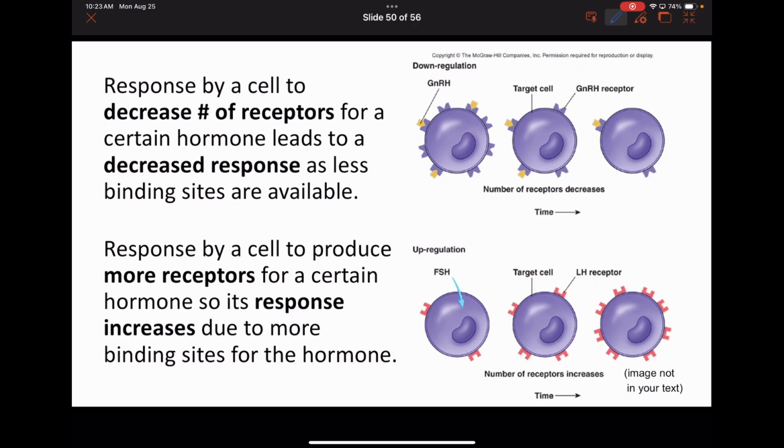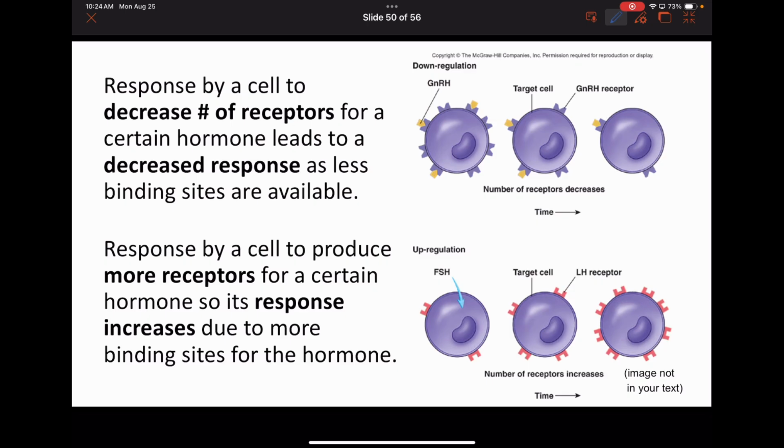One example of that, so upregulation is the response by a cell to produce more receptors for certain hormones, so its response increases due to more binding sites for the hormone. One example is FSH. Follicle stimulating hormone is one of our sex hormones. LH, luteinizing hormone, is another one as well.